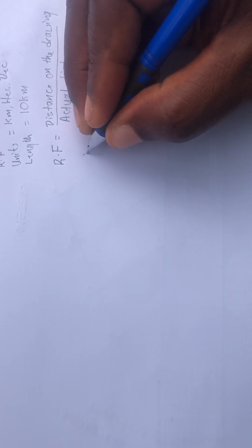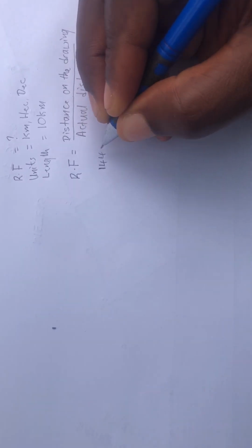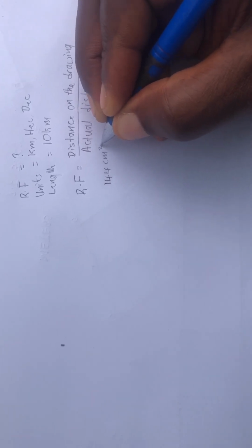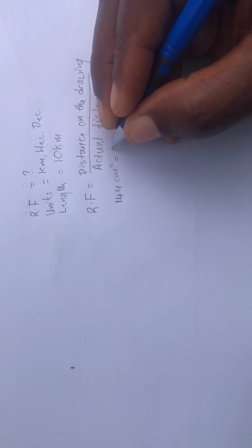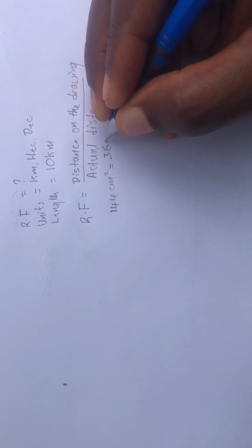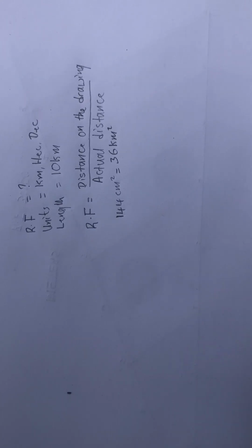Now, in this case, they are telling us an area of 144 centimeters square representing an area of 36 kilometer square. So what do we do with this case? You notice that here we have the unit squared. So what we need to do is eliminate these squares and bring them down to a plain unit.